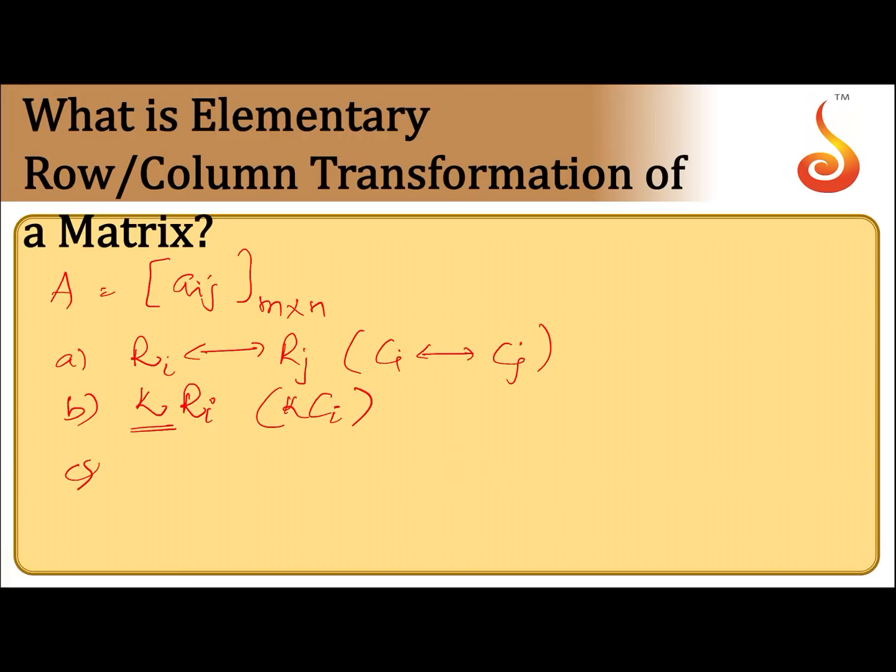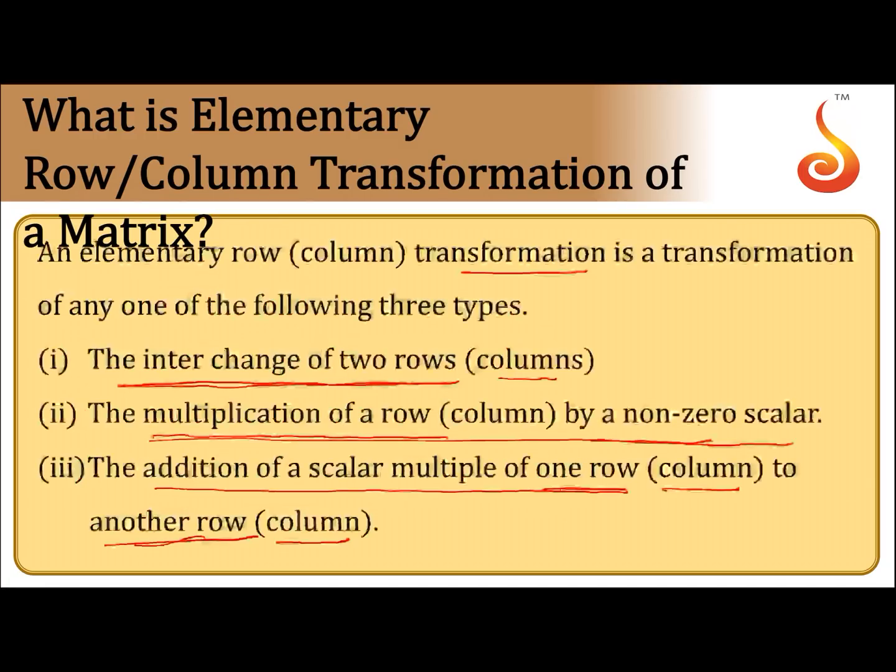And the next one is addition of scalar multiples of elements of a row to the corresponding elements of another row, or adding scalar multiples of elements of a column to the corresponding elements of another column. That is, Ri plus k times Rj, Ci plus k times Cj. These are called the three elementary transformations.